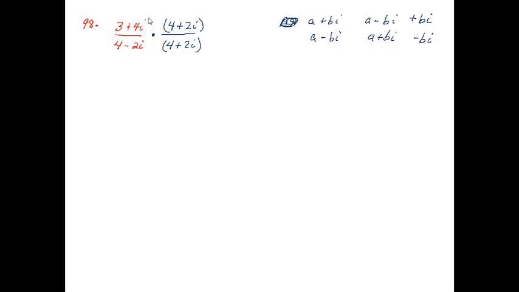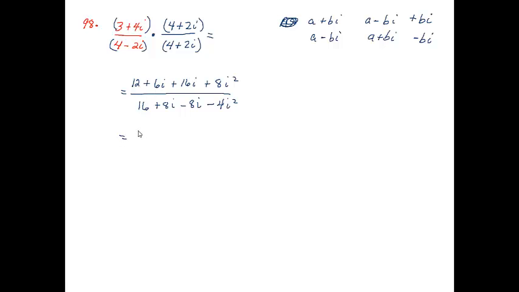Alright, so I'm going to multiply like before. And I'm going to multiply this out, and you multiply it out on your paper. Just verify that you get what I get. So I have 12 plus 6i plus 16i plus 8i squared, all divided by 16 plus 8i minus 8i minus 4i squared. Well, let's clean up the top.